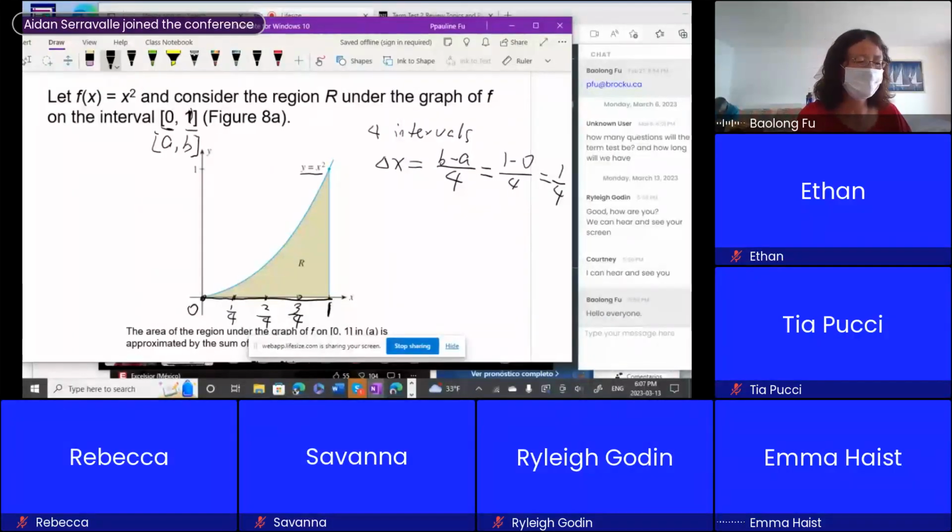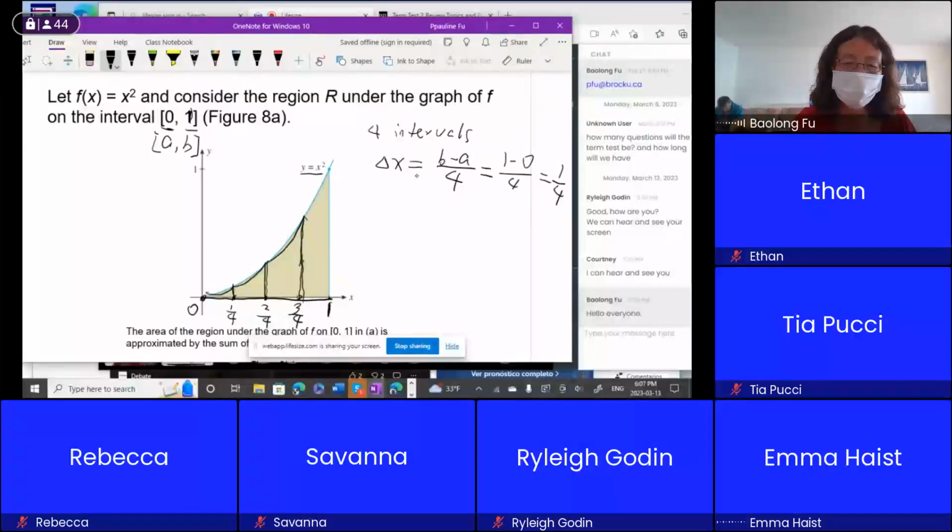Once you get those 4 intervals, these 4 intervals divide the shaded area into 4 areas. Did you see here? 1, 2, 3, 4.